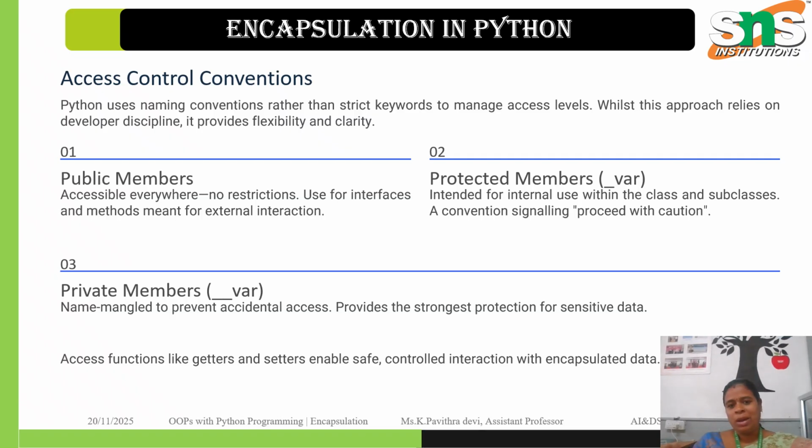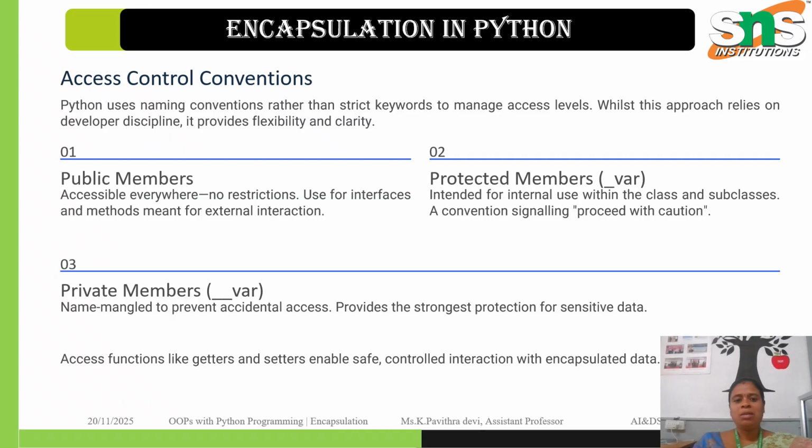How does Python implement encapsulation? Python uses access specifiers to achieve encapsulation. A public member is accessed from anywhere, with no underscore prefix, for example self.name. Next, a protected member is accessed within the class and subclasses, and a single underscore prefix is used, for example self._age.